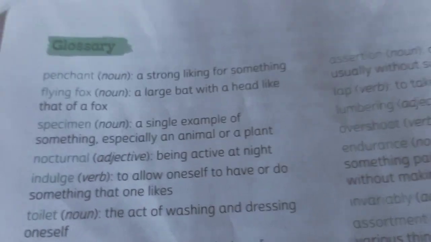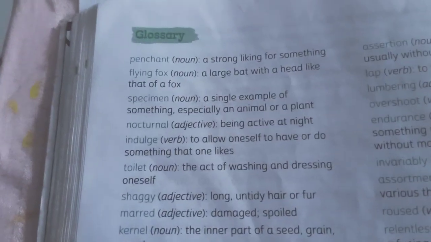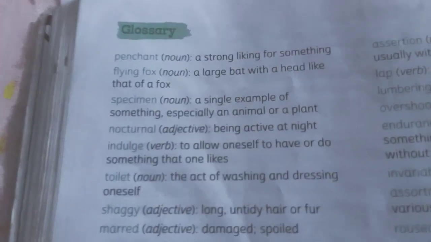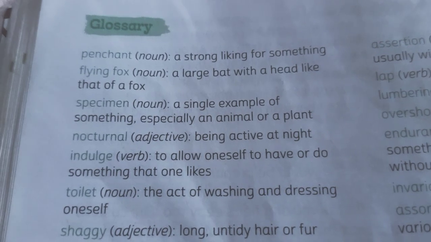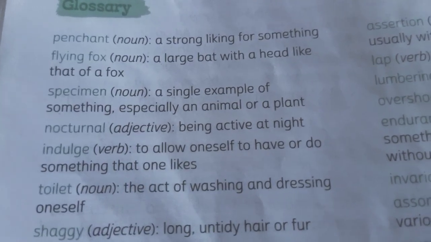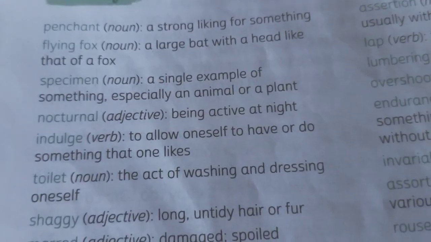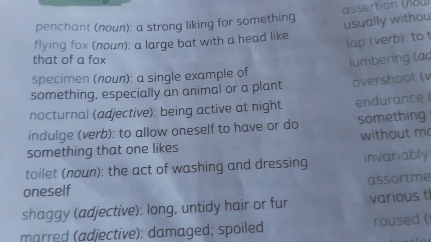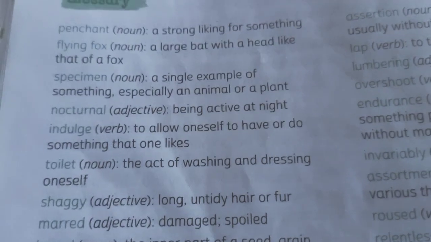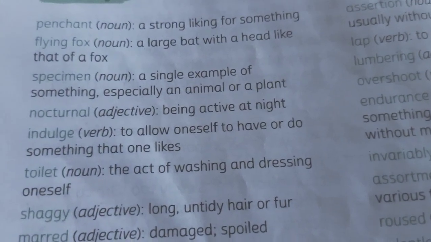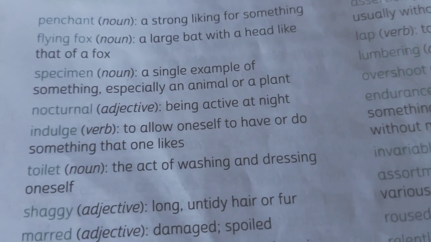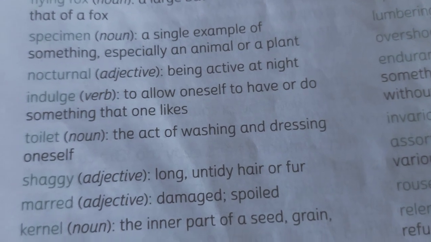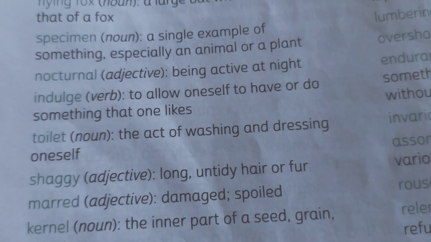And flying fox, flying squirrel, Tipty also come under the same category. That's why nocturnal is the most important part of the life of such animals, because they are only active at night.